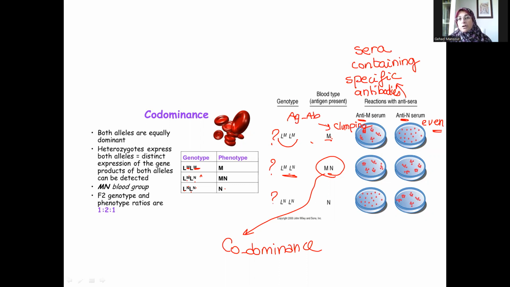The antibody is anti-M, so the antigen should be M, so I know that I am M. If I am N, then if I add anti-serum N, clumping will occur. But if I add anti-M serum, clumping will not occur because I don't have the M antigen.